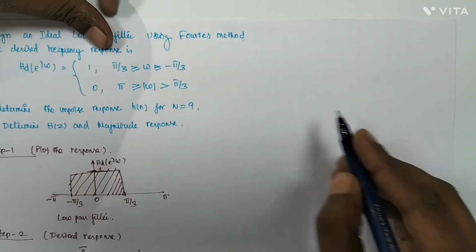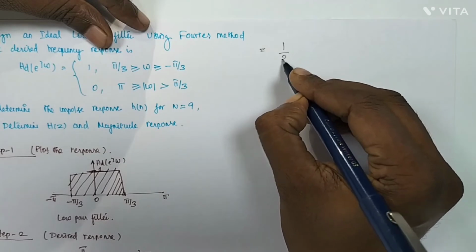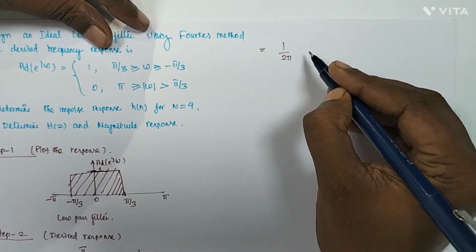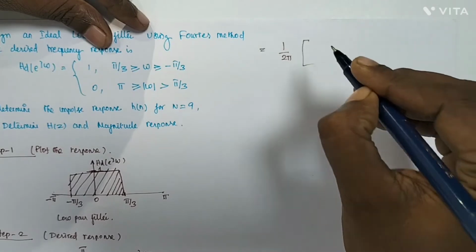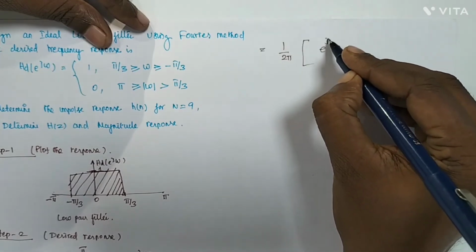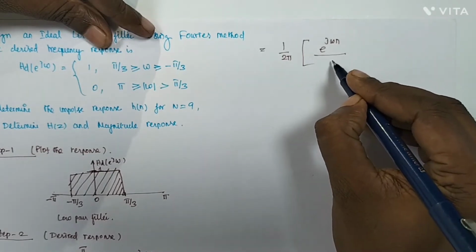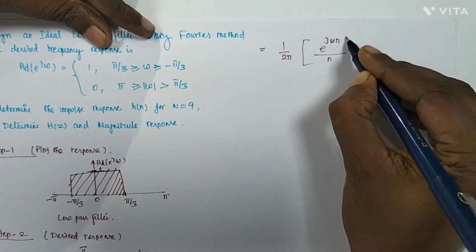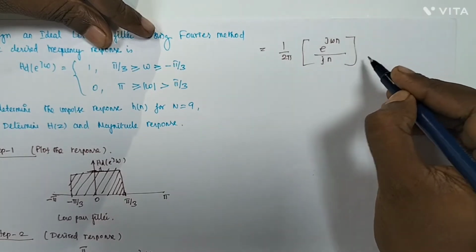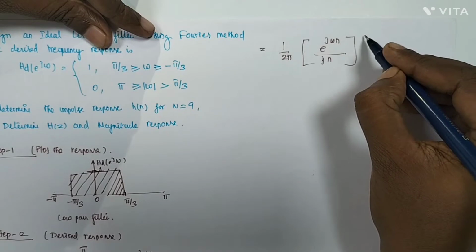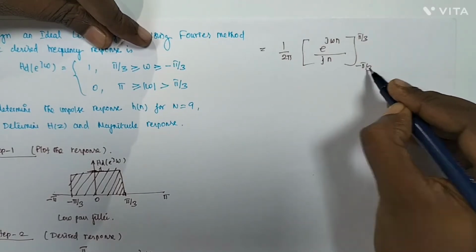That is 1 by 2 pi integration of e power j omega n with respect to omega, that is e power j omega n divided by jn. The limits are minus pi by 3 to plus pi by 3.